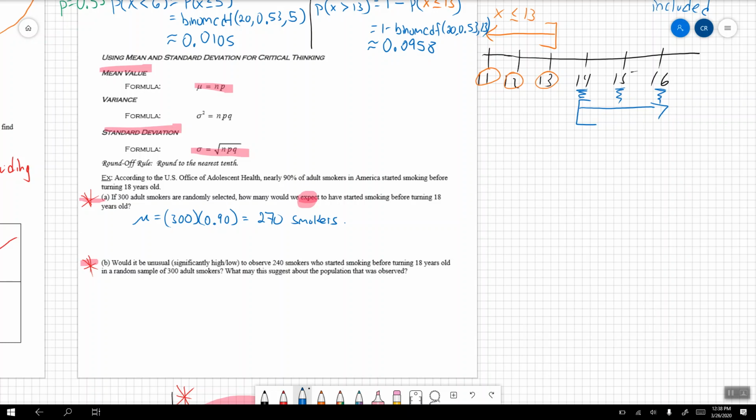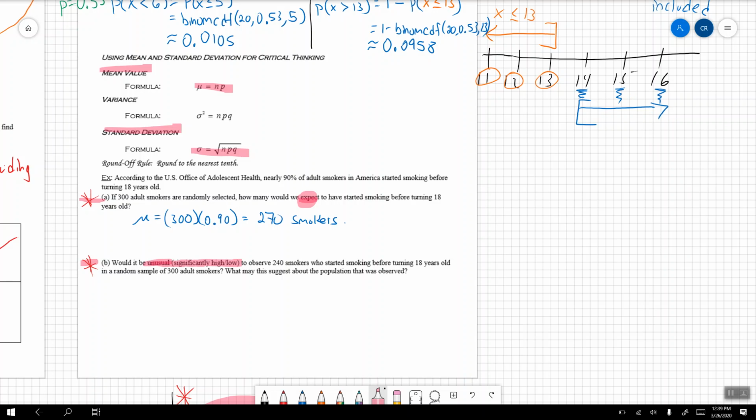Now the next part. Would it be unusual, in other words, significantly high or significantly low, to observe 240 smokers who started smoking before turning 18 years old in a random sample of 300 adults? So, unusually high or unusually low: we have significantly high and significantly low.